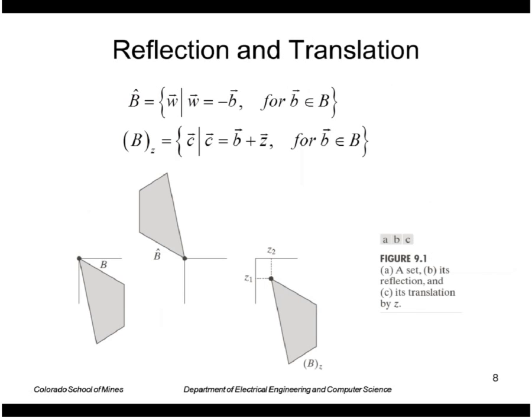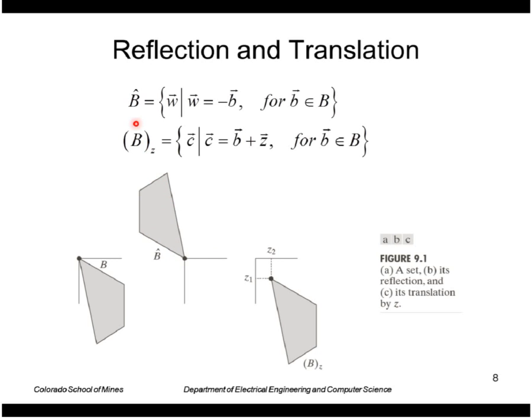A couple more concepts we'll need are reflection and translation. The reflection of a set B, denoted by this up arrow, is the elements W such that W is equal to minus b for some b that is an element of the set B. So basically we are reflecting or negating these vectors, flipping them around the origin, so to speak. If this is our set B and here's the origin, the reflected set is up here.